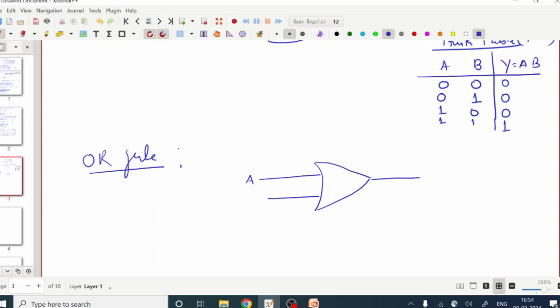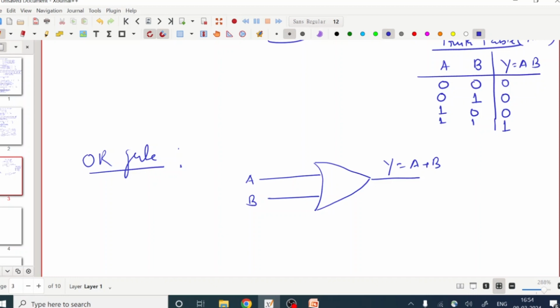Here there are 2 inputs A and B, and Y is written in the form of A plus B. A plus B represents either A is true or B is true. So this is false only when A and B both are false. In the rest of the cases, when at least one of the input values is high, the output is high. When both input values go low, then only the output goes low.